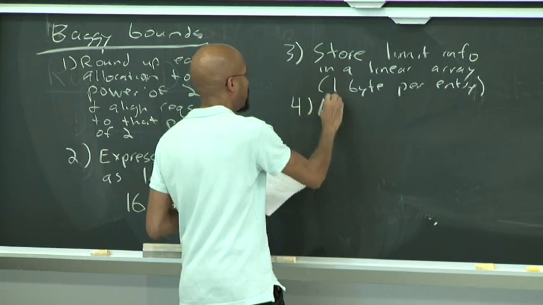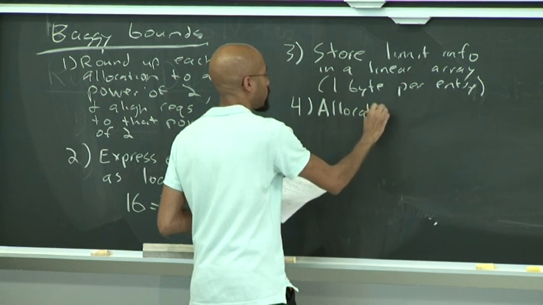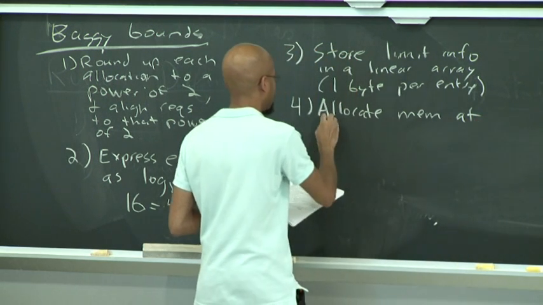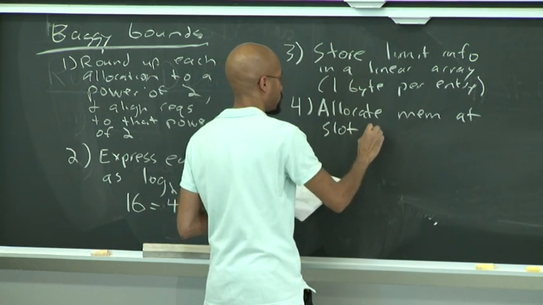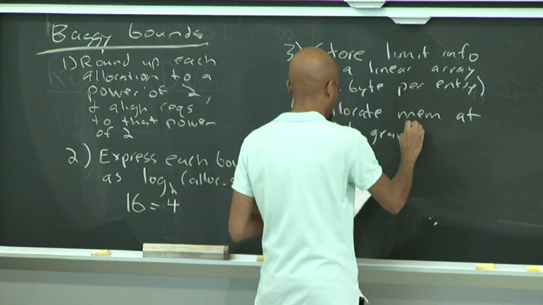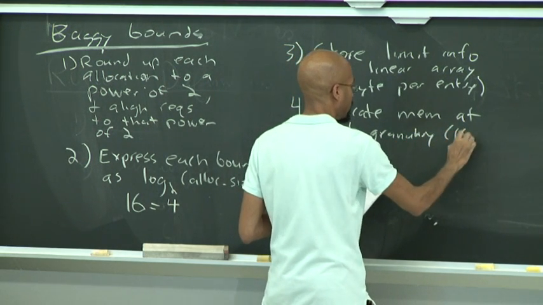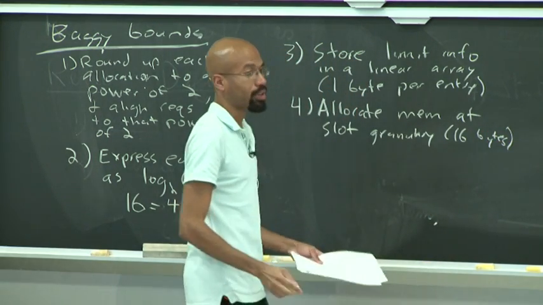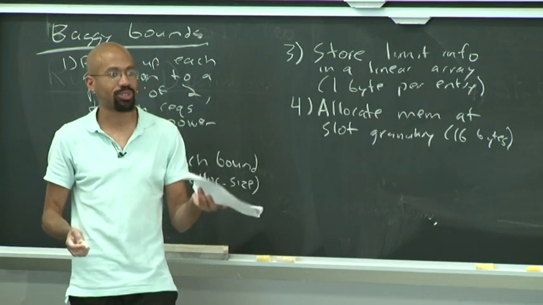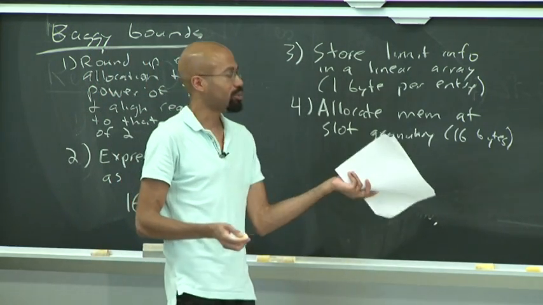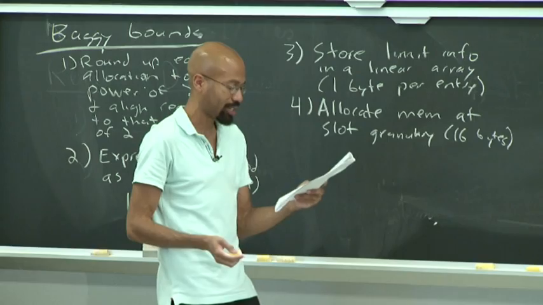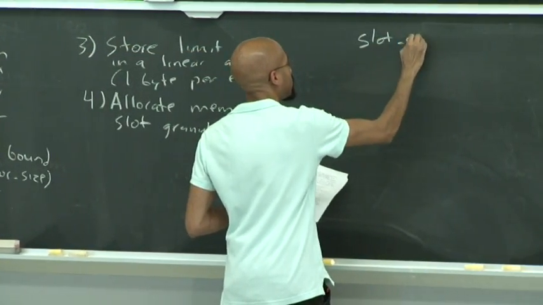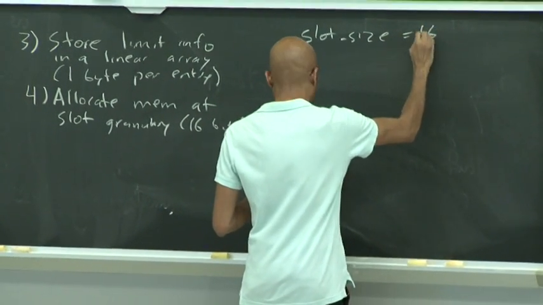But we're going to allocate memory at the granularity of a slot, which in the paper they use 16 bytes as the slot width. Now this next thing is a bit that wasn't explicitly said in the paper, which, if you don't grasp it, would make the paper very tricky to understand. So imagine that you have a slot size equal to 16.